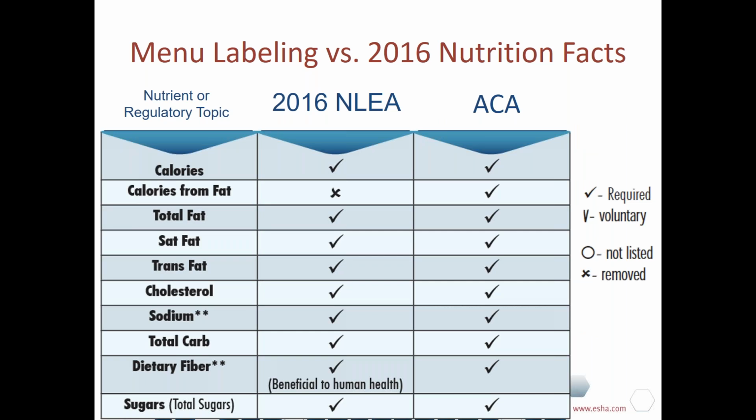This chart shows side by side some of the differences. And as you can see, the check mark shows required nutrients. The Affordable Care Act, or menu labeling, requires calories, calories from fat, and so on. But the 2016 NLEA does not require calories from fat any longer.